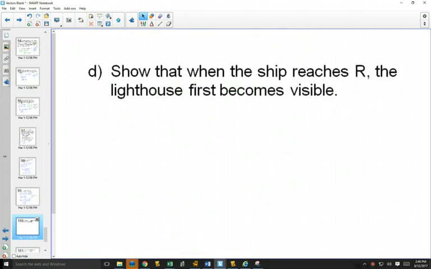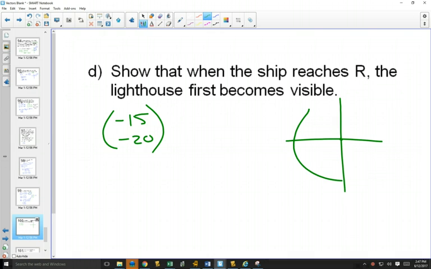Show that when the ship reaches R, so remember that R was negative 15, negative 20, it first becomes visible. In other words, since the lighthouse has a radius of 25, in order for it to first become visible when it hits the point R, R needs to be 25 kilometers away from the origin.